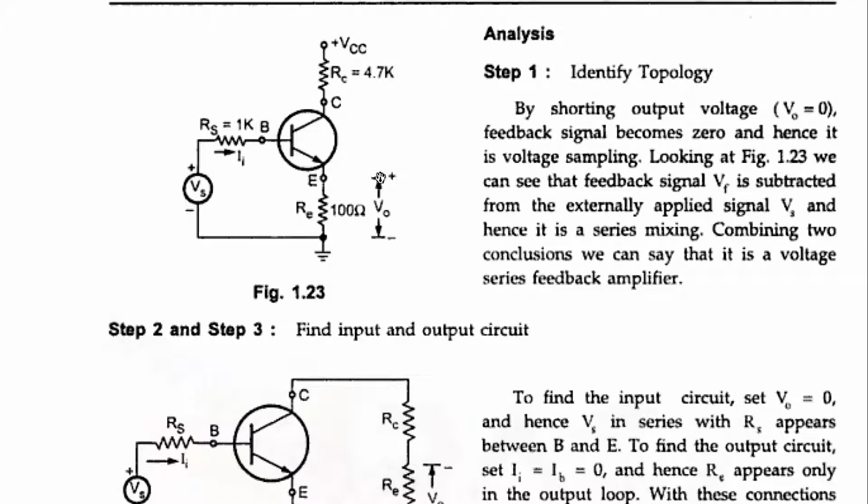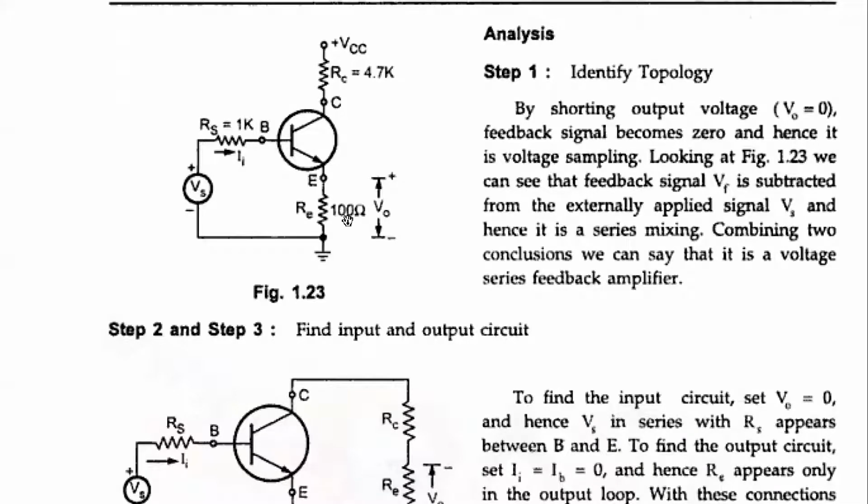Now, if you make the output voltage 0, output voltage 0 means short circuit. Then what is happening at the input side? This is the input loop, and this is the output loop. When we short circuit the output terminals, where V0 is mentioned, in the loop this signal becomes 0.